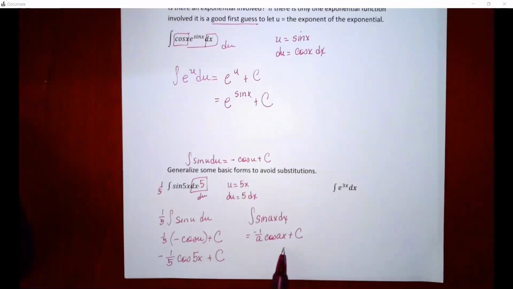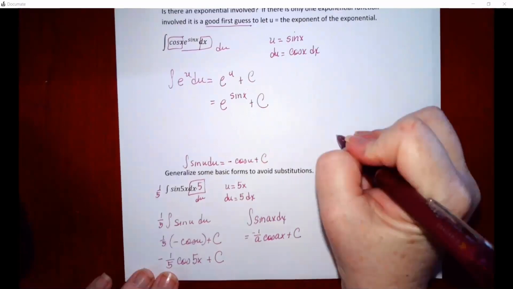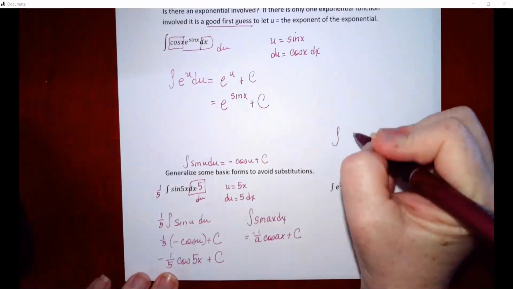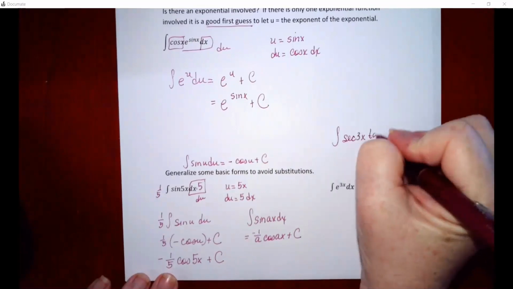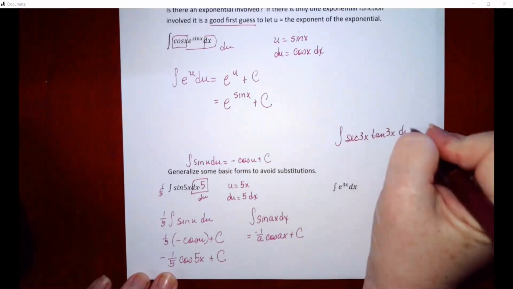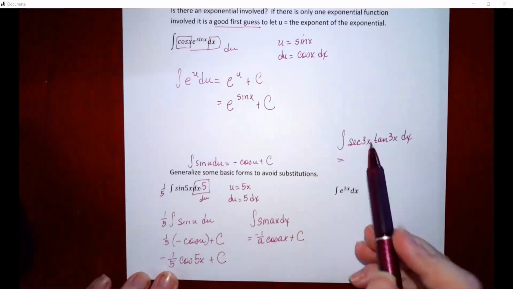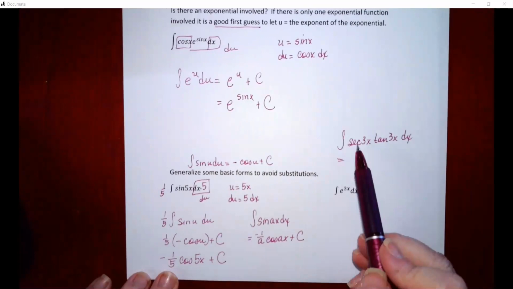Okay, so for example, that would be true if you had a sine or a cosine or a tangent or anything like that. So what do you think we would get if we took the integral of secant 3x tangent 3x dx? Well, ask yourselves, whose derivative is secant tangent?